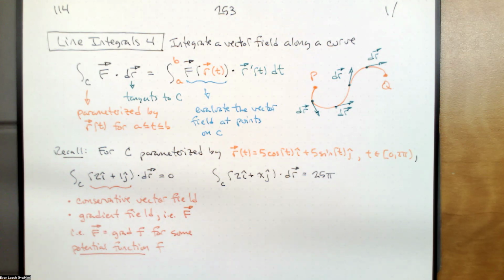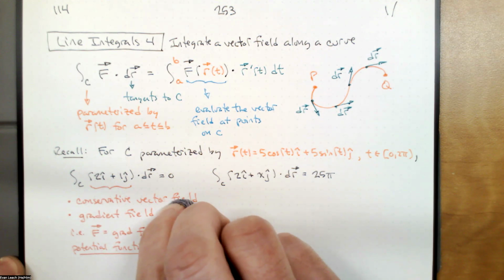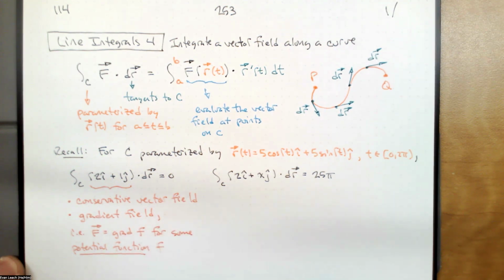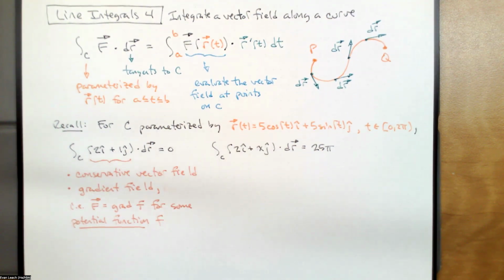So what we mean when we say it's a gradient field, that means the vector field is the gradient for some potential function f. The integral over a closed curve of any conservative vector field will always be 0.